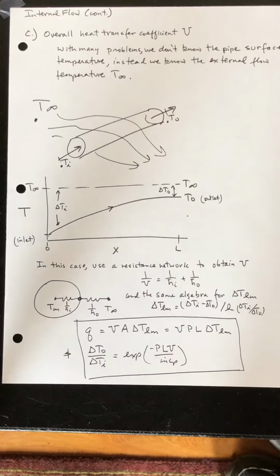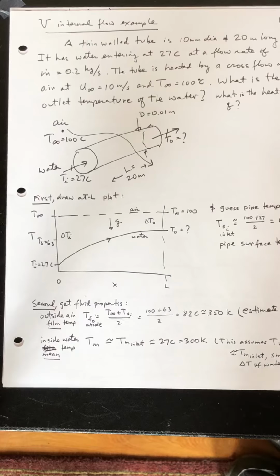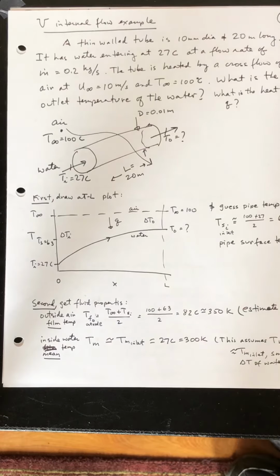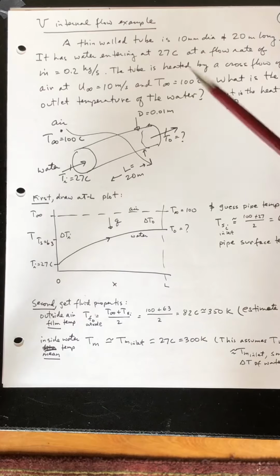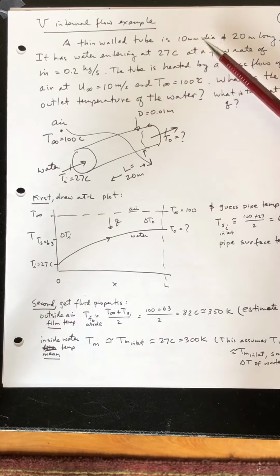So let's go ahead and look at an example. And this example is very, very similar to, I think, the first homework problem that's due next Friday. We have a thin walled tube, so we don't really worry about the conduction across the tube. 10 millimeters in diameter, 20 meters long.